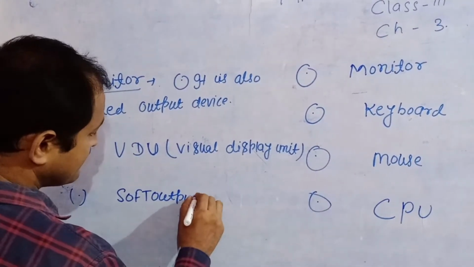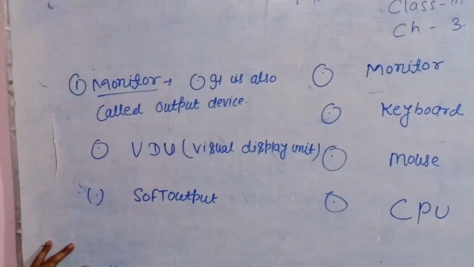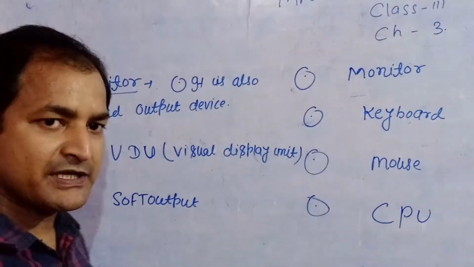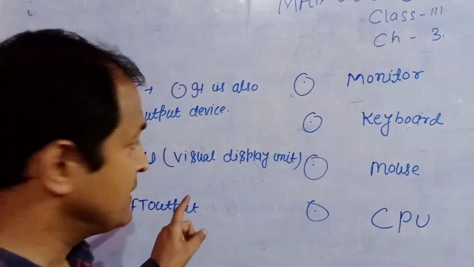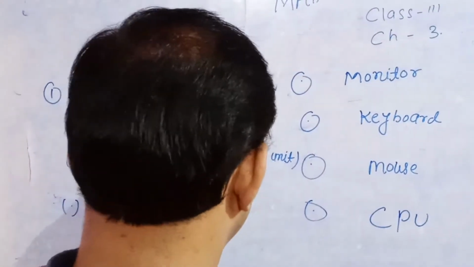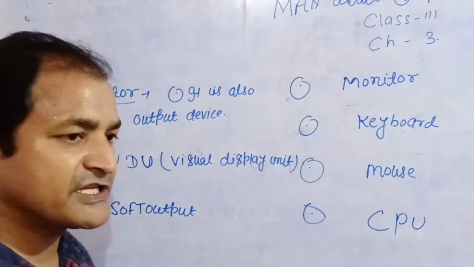My dear student, first, the monitor is an output device. This is also called the visual display unit, the VDU, and this monitor is the soft output.